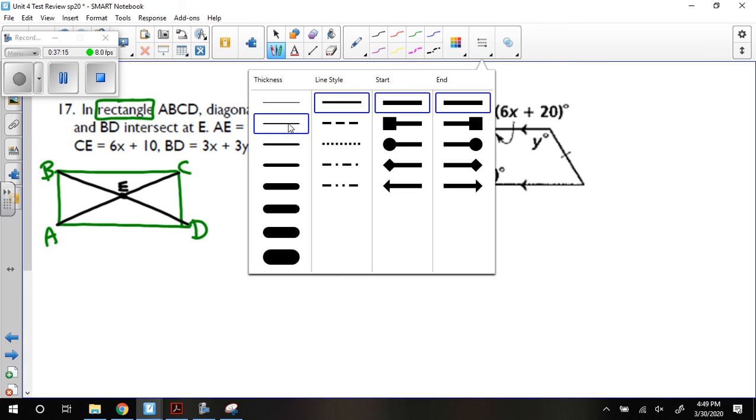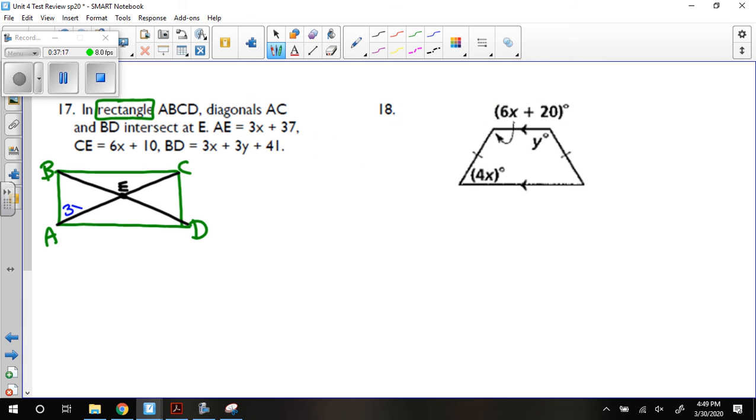Let me see if I can write that on here. Okay, 3x plus 37. You are told CE is 6x plus 10. And BD, so that's the entire diagonal, BD, is 3x plus 3y plus 41.